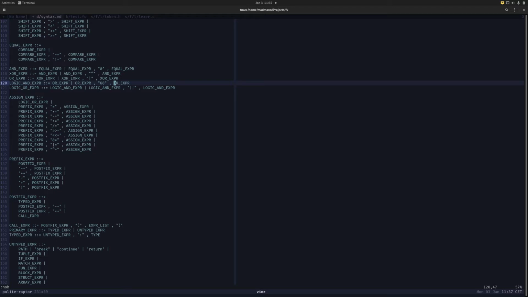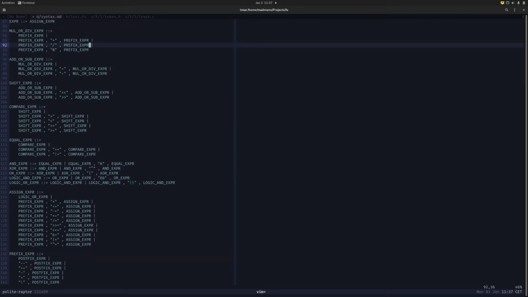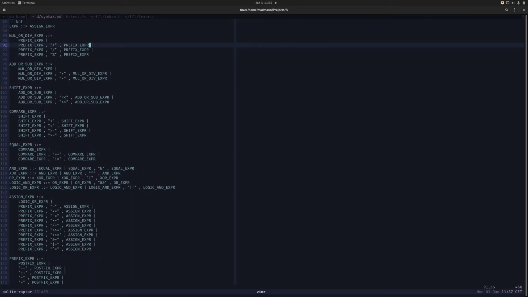So you start to see a pattern here. You see that the rule here is either another rule or this other rule followed by the operator followed by the other rule. And if you look at this, it's basically the same for all these operators, and it follows the priority of these operators. In other words, by designing the grammar like this, I enforce a certain order. I enforce the order that some operator like multiply, as you can see here, has higher priority than plus.